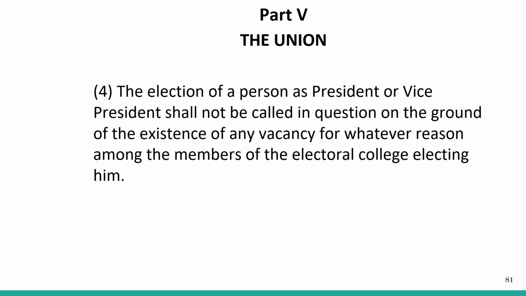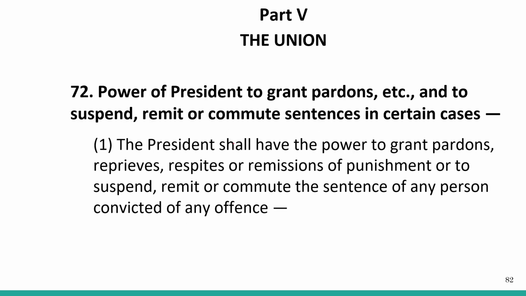Now, this is important. President's power to grant pardon and suspend sentences. Whenever a crime takes place in the country, there is a procedure for how the accused will be punished.